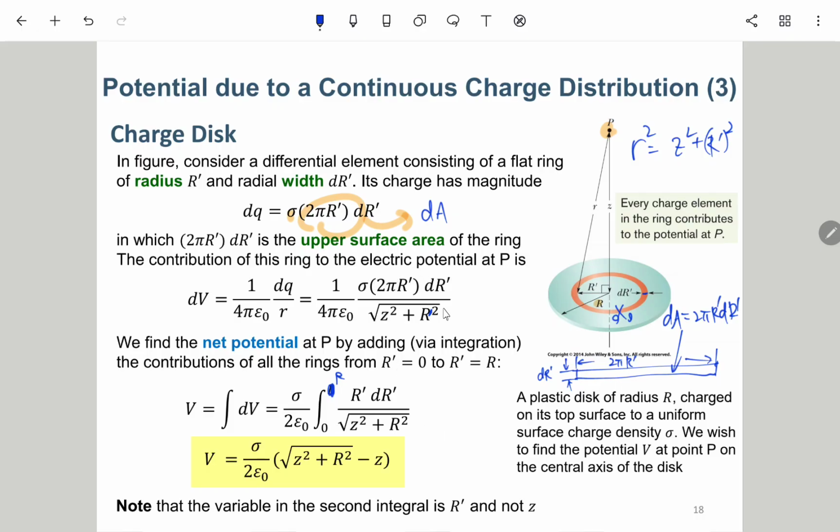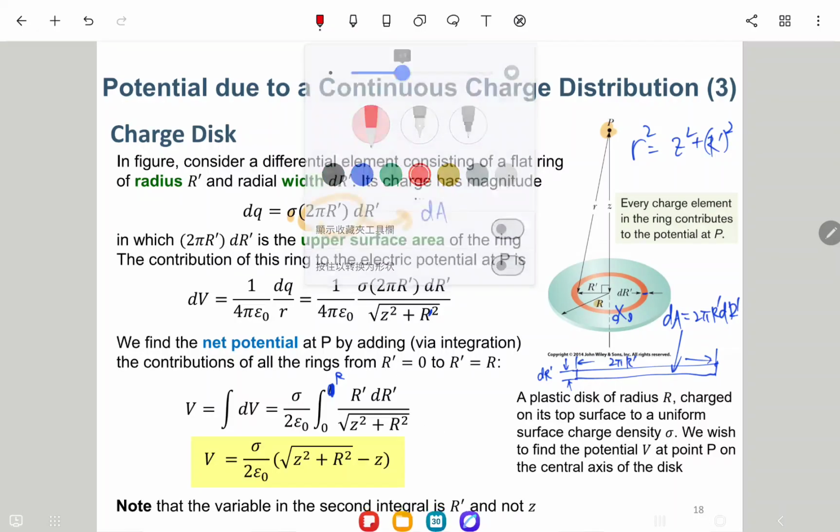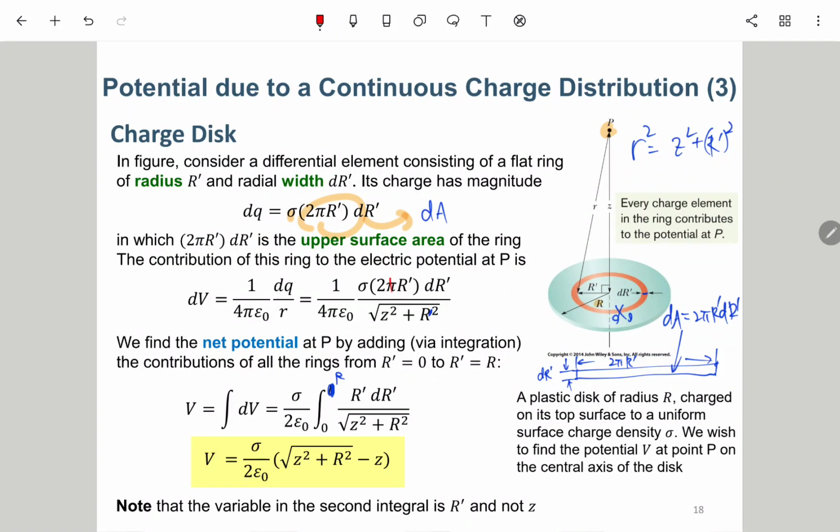Here we can cancel this pi with this pi, and cancel the 2 partly with this 4, down to a 2. So we have 2 epsilon naught placed here, with sigma placed in the front. These are independent of r prime. The remaining stuff is r prime dr prime over the square root of z squared plus r prime squared.